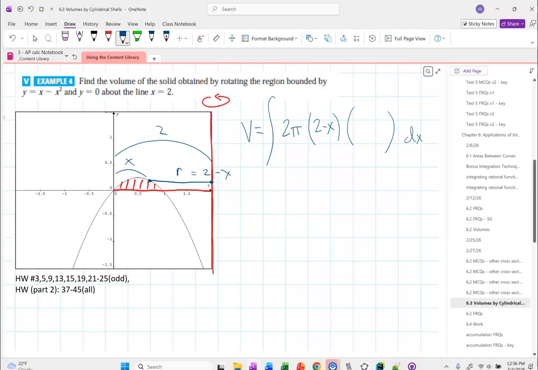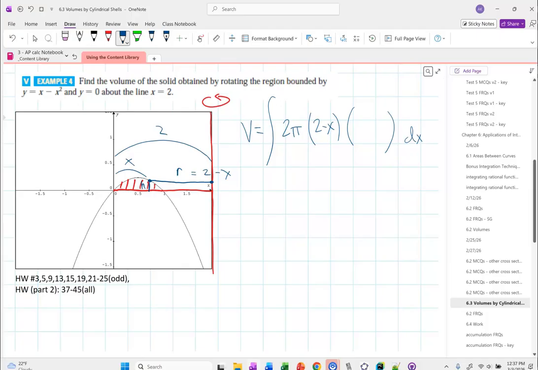Where's the height going to be for my cylinder? It's going to be drawn through the shaded region to the boundary. So that's my h. Are you okay with that? Is that a y distance or an x distance? So y distance, because it's straight up and down.